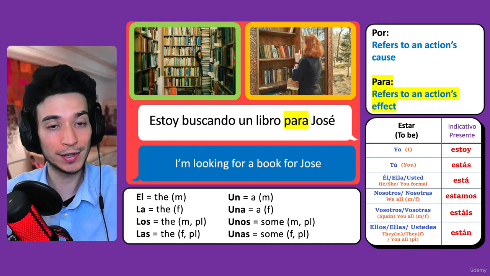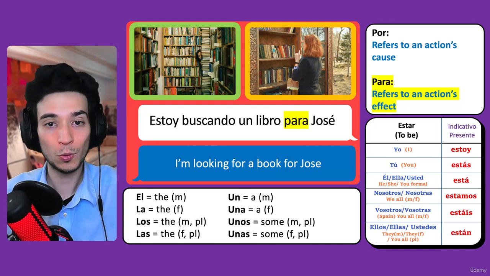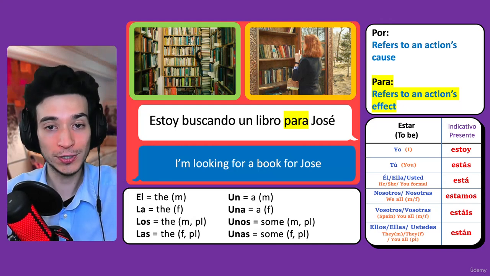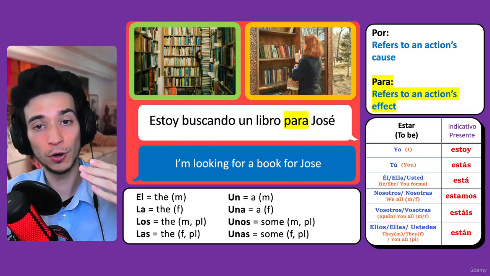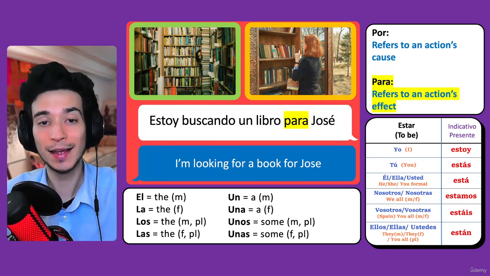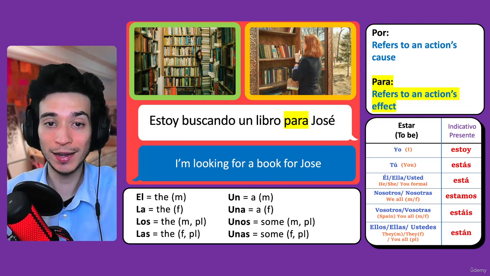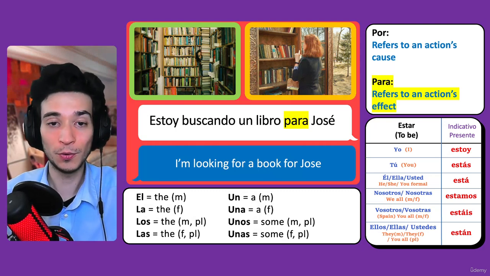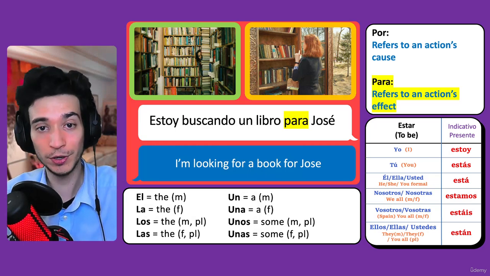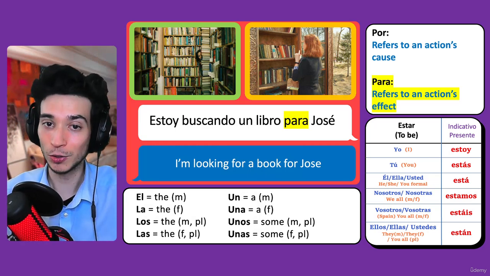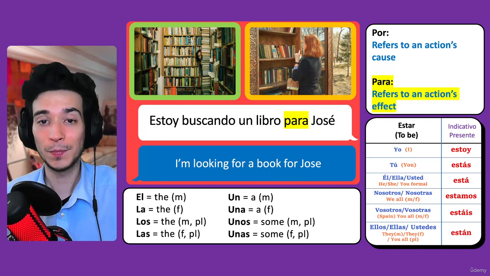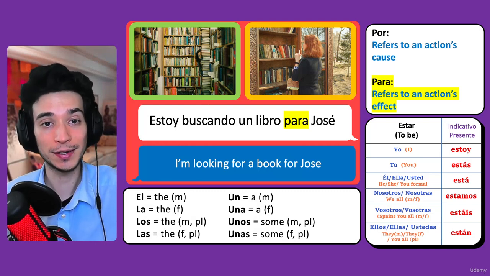Estoy buscando un libro para José. I'm looking for a book for José. Estoy buscando un libro para José. I'm looking for a book, buscando un libro para José, for José. So he's looking for her, for José, para José.